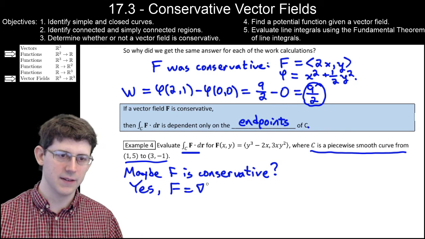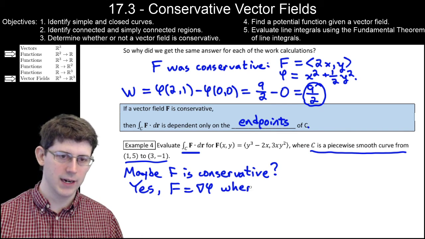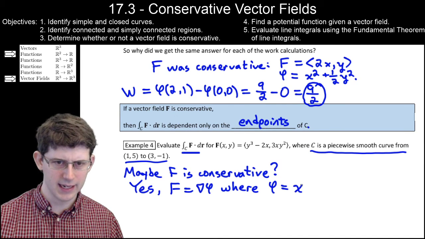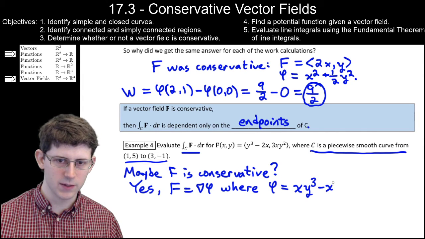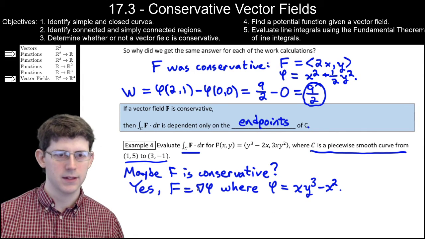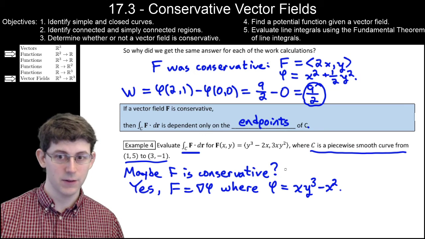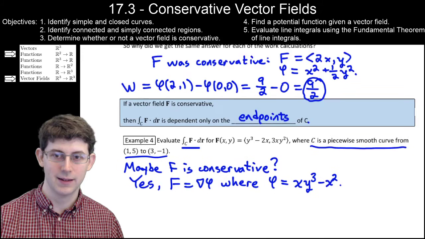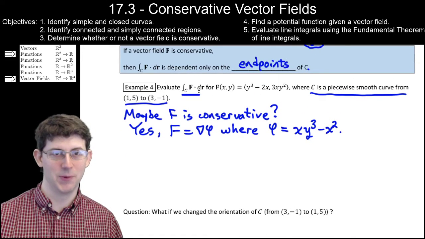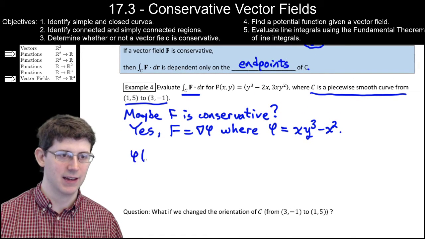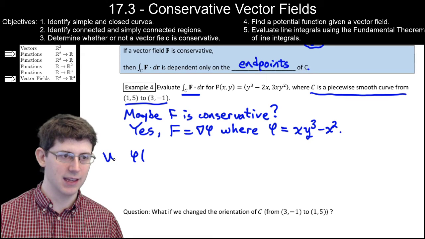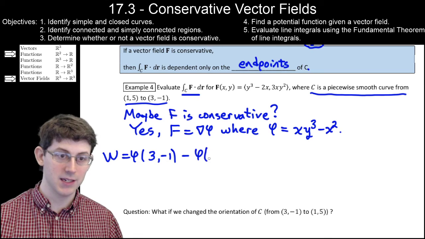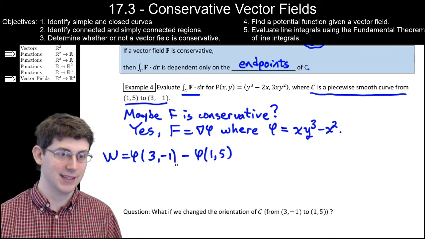F is the gradient of phi, where phi is, what was it? I guess xy cubed minus x squared. So this vector field is conservative, which means all the information we needed was the start point and the end point. And we can just find the work done by finding the potential at the end point and finding the potential at the start point and subtracting.